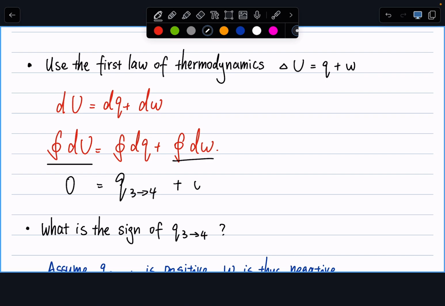And this just tells me that's the total work, whether it's done on the system or output by the system. So using our first law on this hypothetical cycle, we get an expression that the work equals the negative of Q 3 to 4.